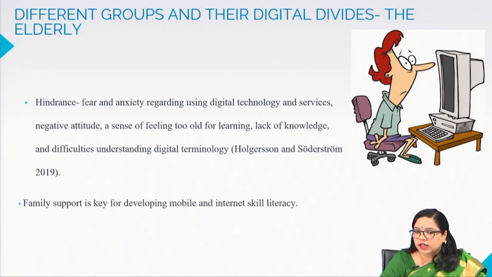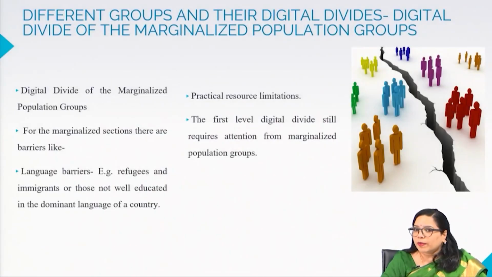Now let us discuss the digital divide and the marginalized population groups. For the marginalized section, there are barriers like the language barrier. For example, this is applicable for refugees and immigrants, or those not well educated in the dominant language of the country that they are residing in. The second is practical resource limitation.